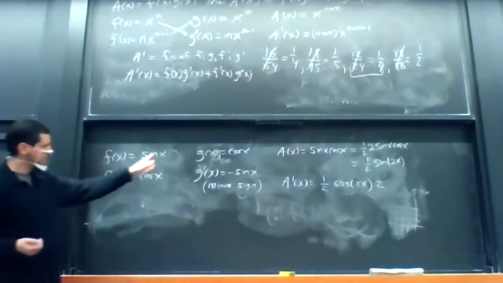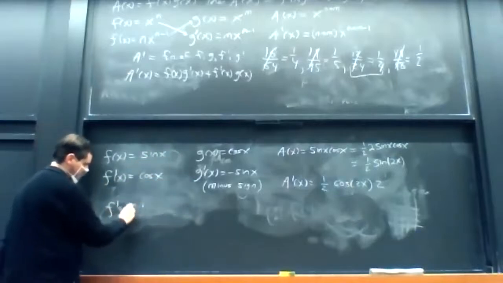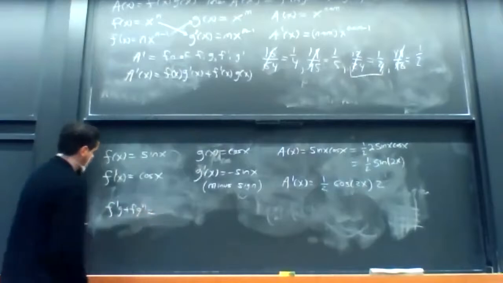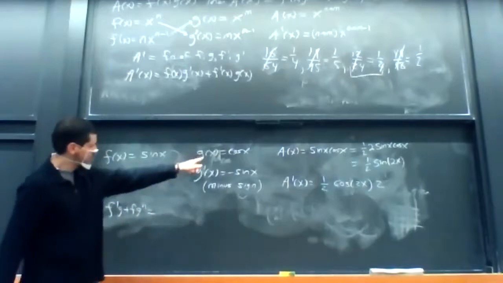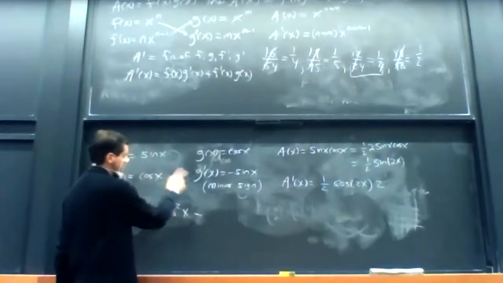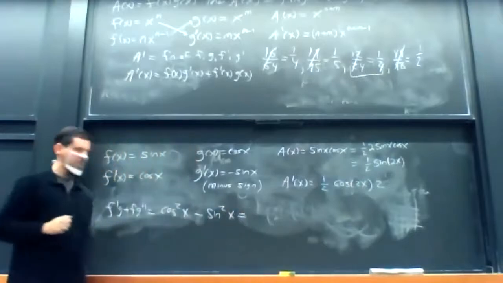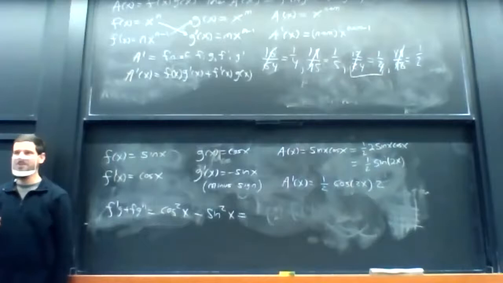Let's look at f prime g plus f g prime. Cosine times cosine, that's cosine squared x, minus sine squared x. Does anybody remember what cosine squared minus sine squared is?